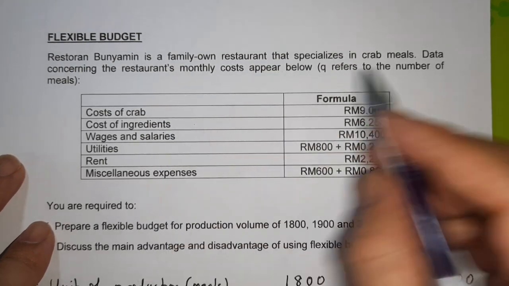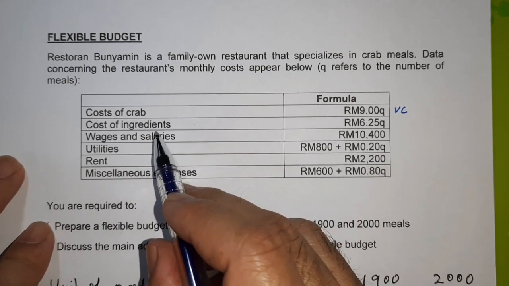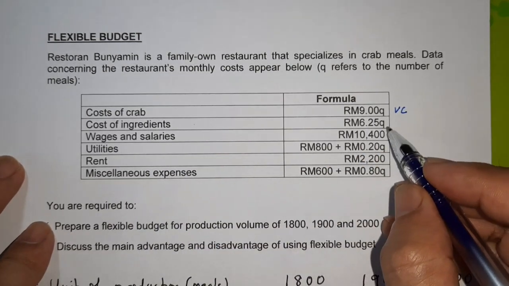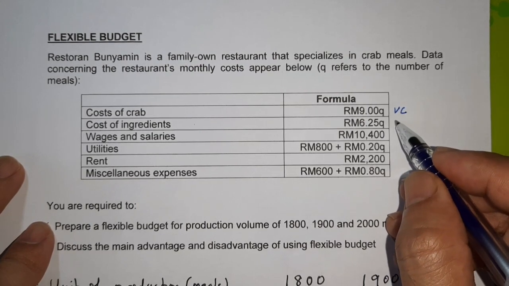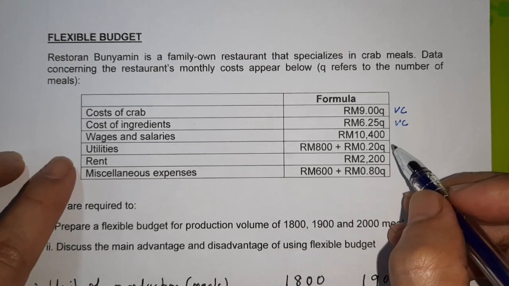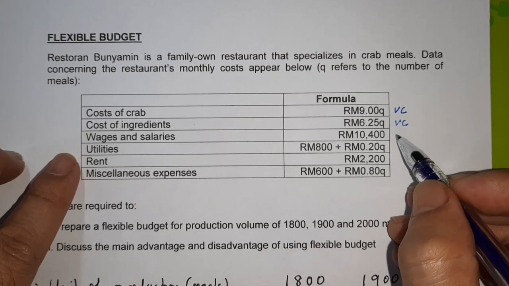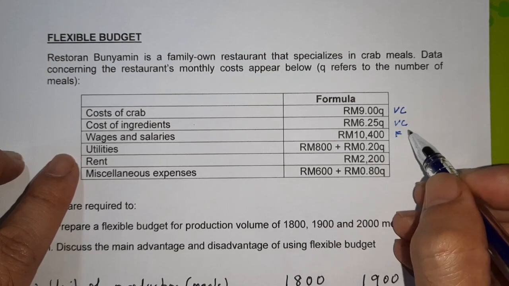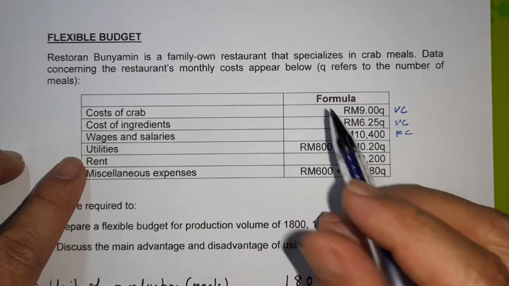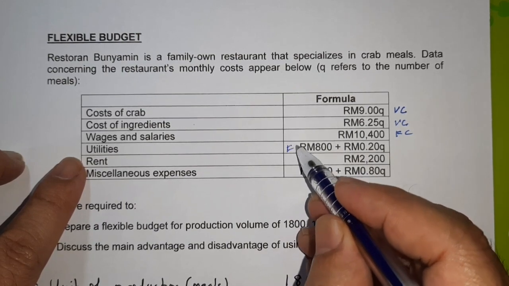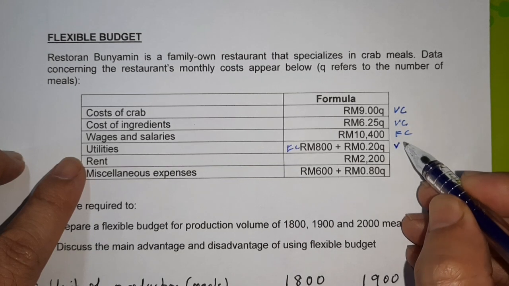So cost of crab is a variable cost. This one, cost of ingredients, also will change when the quantity of production is changing. So it is also a variable cost. Wages and salaries is fixed, 10,400 every month. It is a fixed cost. Okay, this one, utilities, has two components, fixed cost and also it has a variable component.